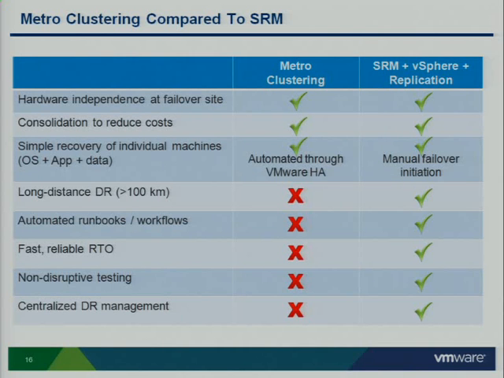Hardware independence at a failover site comes magically because of VMware and virtualization. Now, realistically, that's not quite correct, because if you're using advanced features of some of the server platforms, then in a lot of cases you're trying to keep homogeneous nodes across 2 sites.